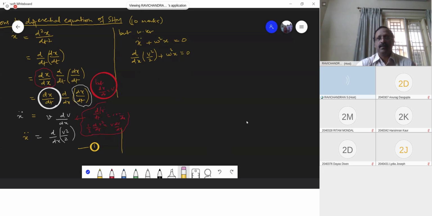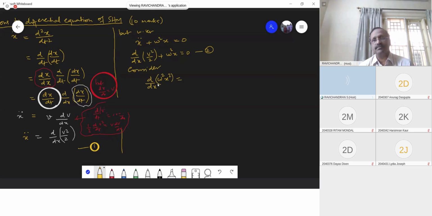Okay, look at this. What I do, I take this as the second equation. Consider d by dx of omega square x square.